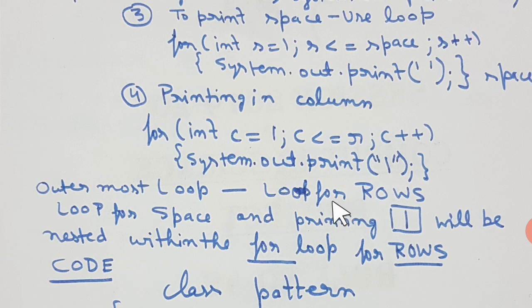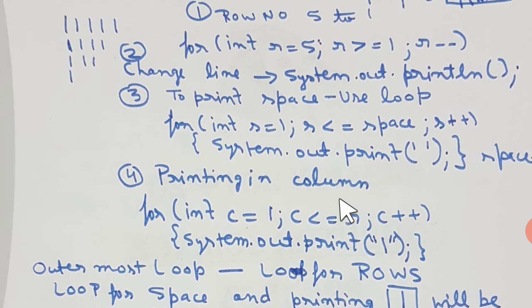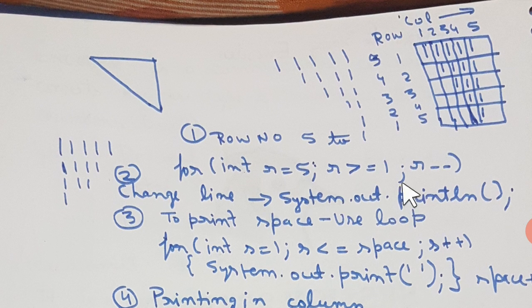The rest of the loops are going to be inside this loop for the row. Why is nesting required? Nested loops are always required when there is a main task and there are subtasks. So the main task here was moving to different rows and then printing into the column. Is that clear to everyone?